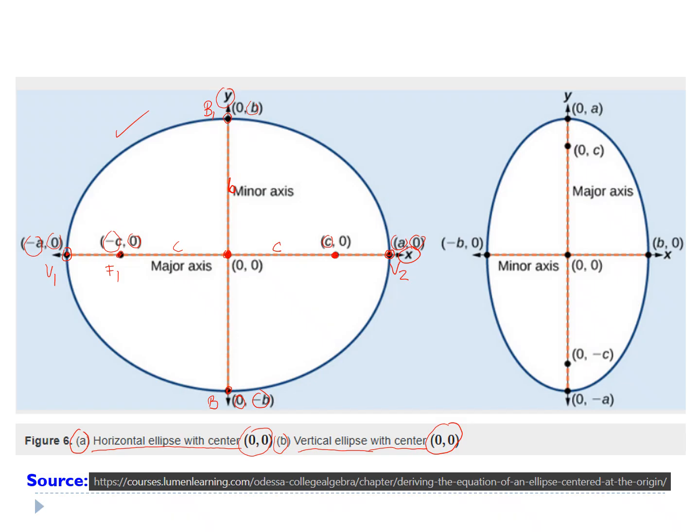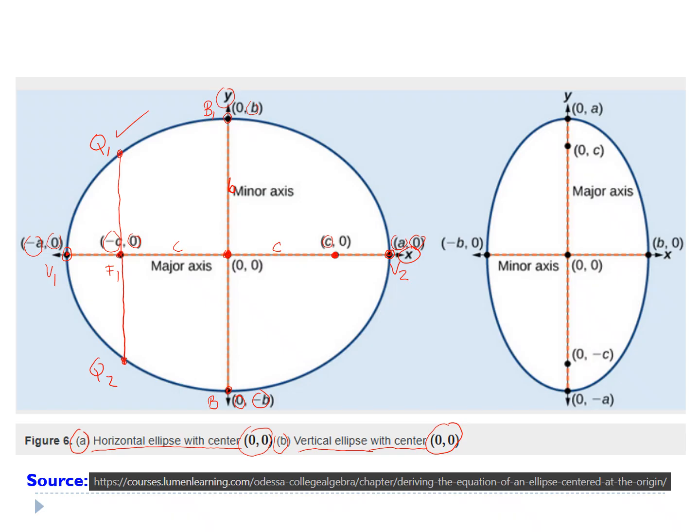Okay, so these are the important points, and the other points are the ends of the latus rectum. Latus rectum is defined as the line that is perpendicular to the major axis passing through the focus. So this is the latus rectum passing through F1, and let this point be Q1, and let this point be Q2.